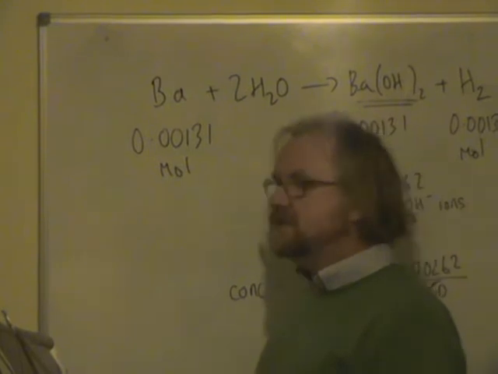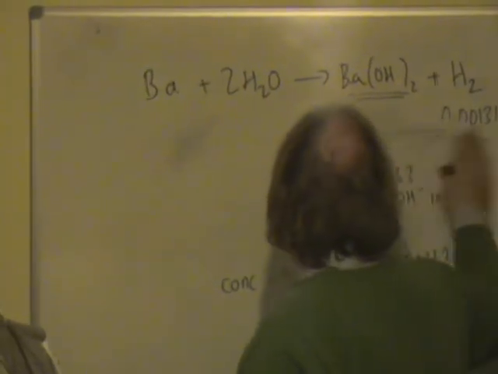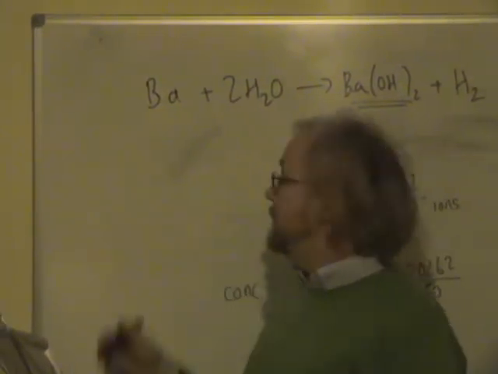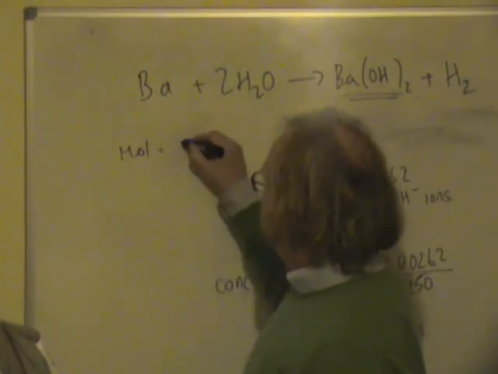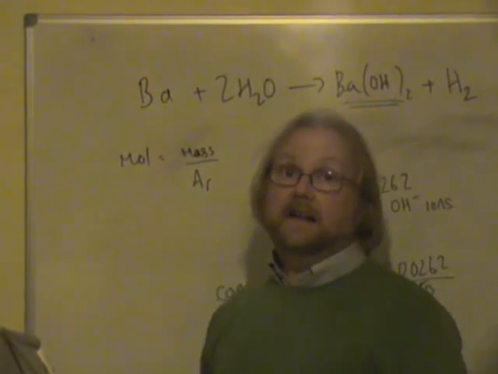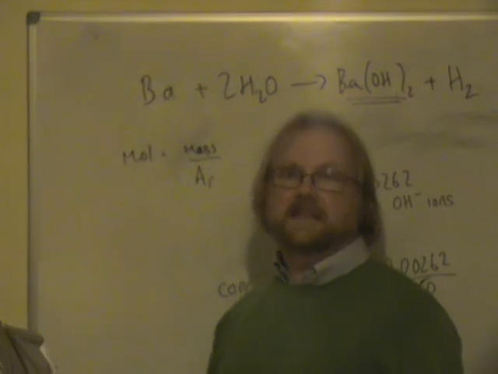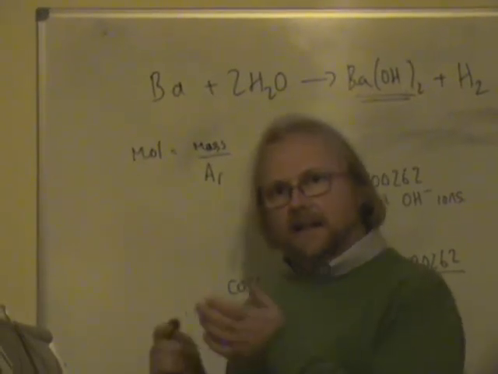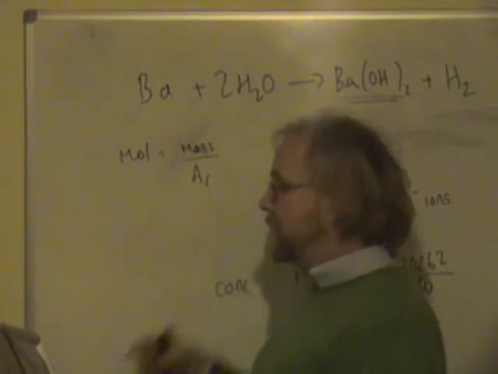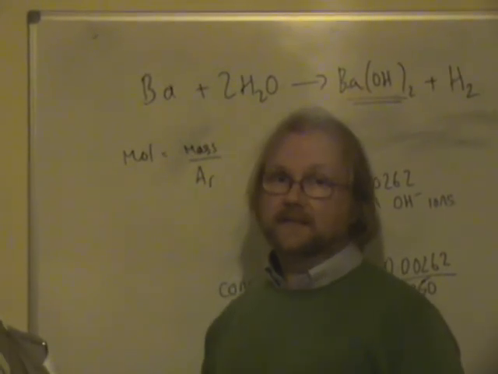But although we've used the same mass, the important thing is that we haven't got the same number of moles, because the Mr is bigger for barium, and remember, moles equals mass over Mr, or Ar rather, for barium. Because that's a bigger number for barium, the number of moles is smaller. In other words, because it's, if you like, a heavier metal, the number of moles in that same mass is smaller, and therefore you'll get fewer moles of hydrogen produced, and thus the smaller volume.